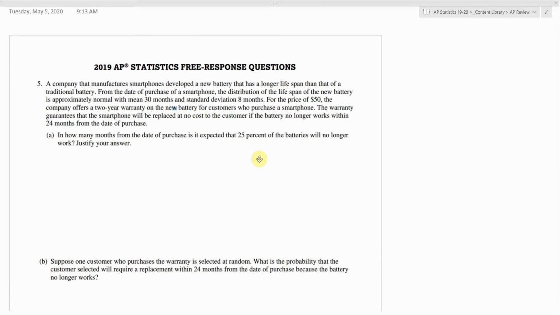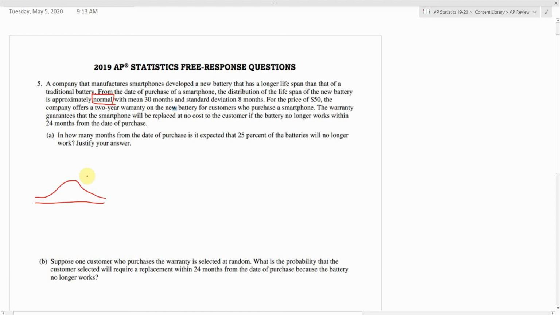Okay, so I would go about this and say, all right, let's read this carefully. We're told that the distribution of lifespan of batteries is approximately normal. So I'm going to just sketch my normal distribution here real quick.